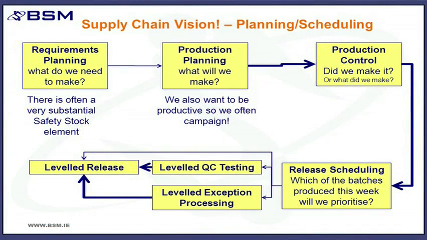I'm talking here primarily about deviations and investigations, so operating in a level way, dealing with the genuinely urgent items first. And the end result of all of that is leveled release activity. So we've dealt with our exceptions in a level way, we've done our QC testing in a level way, and finally, we've got leveled release activity. So, okay, that's the concept. That's what we're trying to achieve. And hopefully what you see coming next will give you some indication as to how that might be achieved.